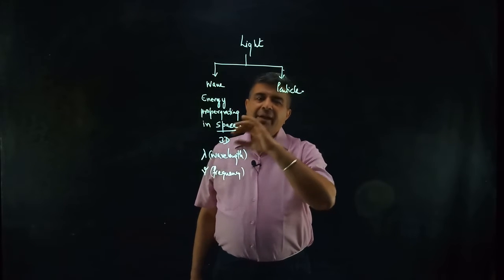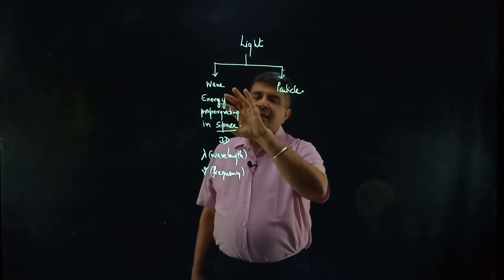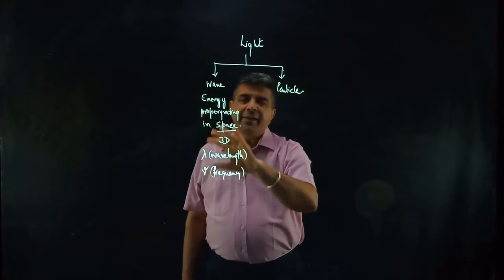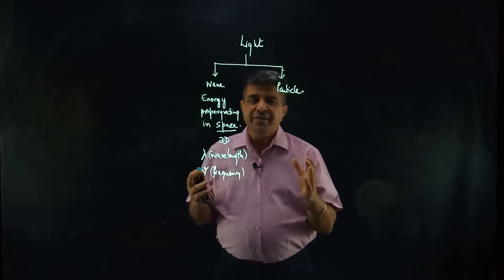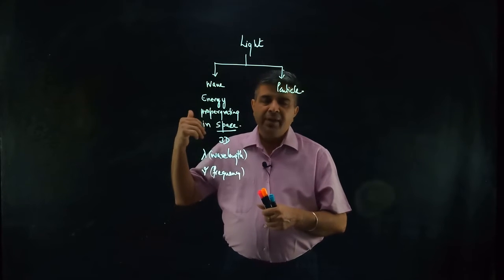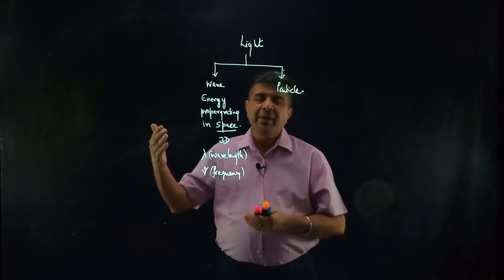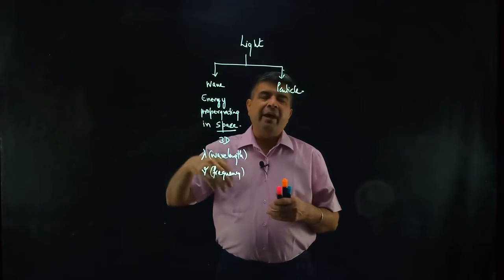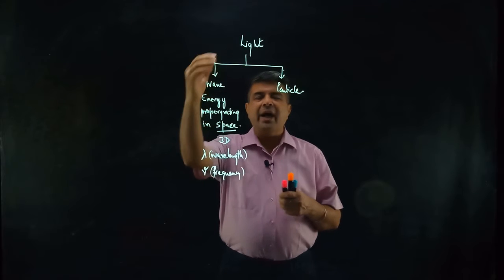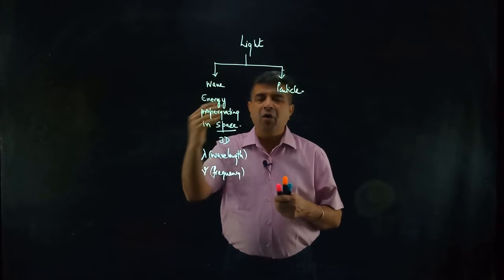Whenever we are saying light is traveling as a wave, that means it is spreading in all the available directions. So if you have, say, a tube light or a lamp in your room, and when you switch on, the light is traveling in all available directions, so that is a wave phenomenon of the light.